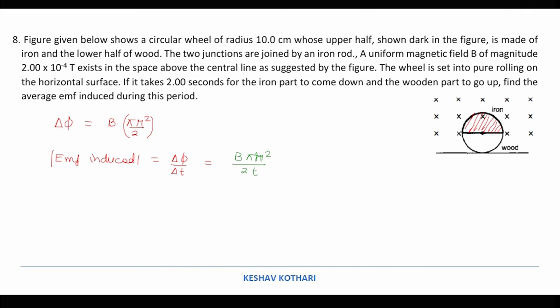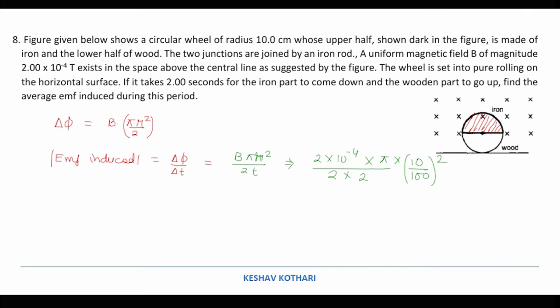If we substitute the values, it is equal to 2 into 10 to the power minus 4 times pi. The radius is 10 centimeters, so we can write it as 10 by 100 whole square, upon 2t, where t is equal to 2 seconds.